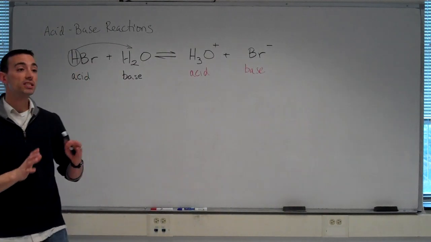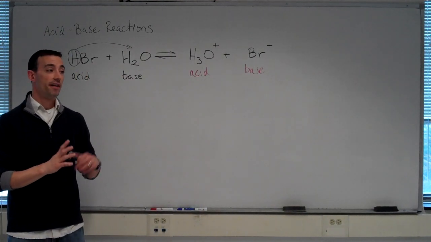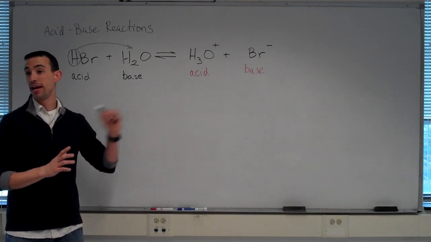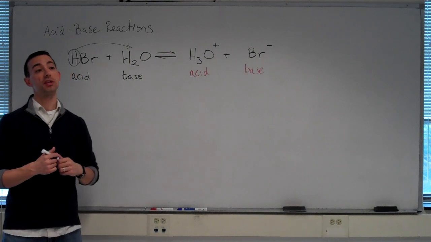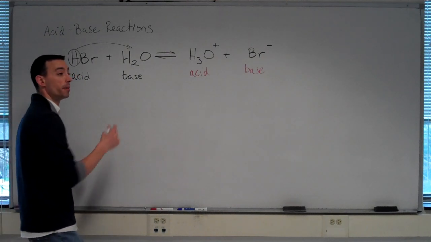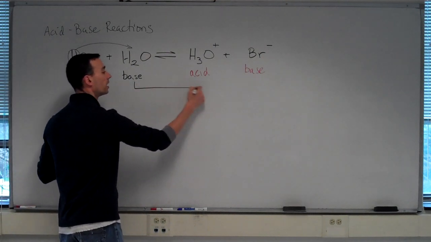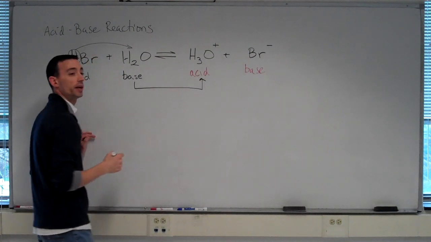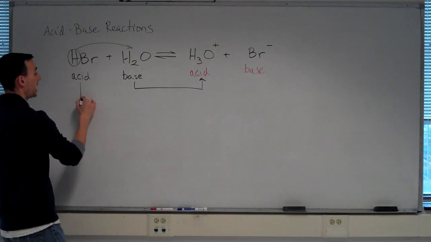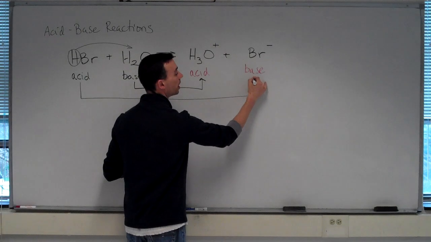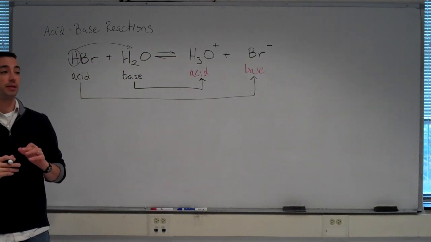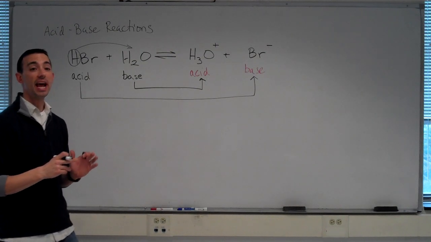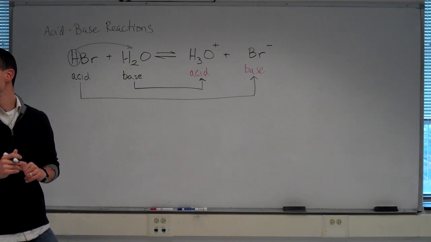So both sides of an acid-base reaction feature an acid and a base. And more than that, there are connections among the pairings. The base, water, has turned into an acid. And the acid, HBr, has turned into a base. This is a pattern that exists in every acid-base reaction.